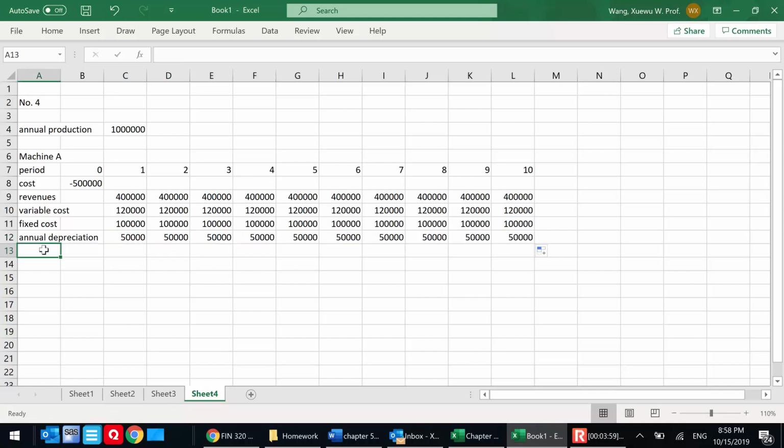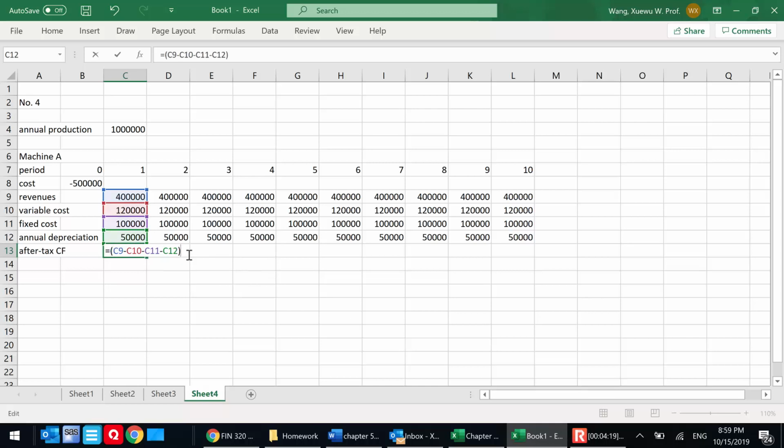Now I can look at the after-tax cash flow. I'm going to look at every year. You're getting this revenue here. You take out the variable cost, you take out the fixed cost, and you take out depreciation, and then you can pay tax.